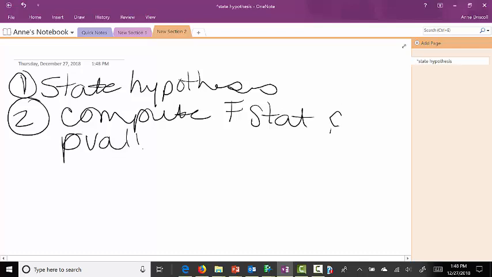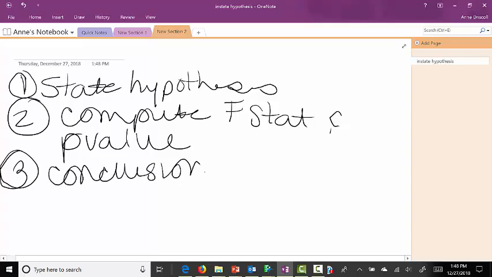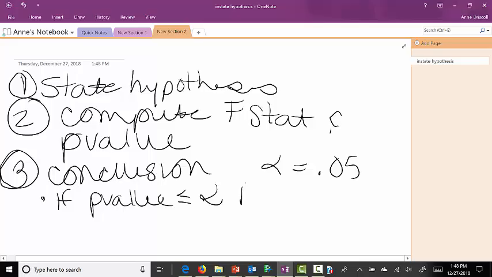And again, you can do that with software. And then your third step is the conclusion. So if your p-value is less than or equal to alpha, and I'll say alpha usually is 0.05, then you're going to reject H naught. That's where you have statistical significance.